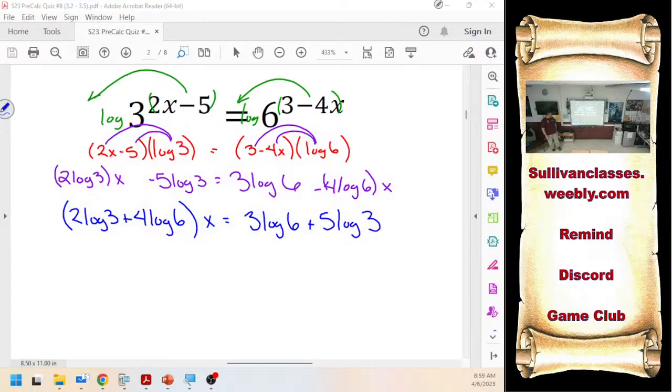And if I've got thing times x, the way I get rid of it is by dividing, and I get my big ugly expression. X is 3 log 6 plus 5 log 3 all over 2 log 3 plus 4 log 6.